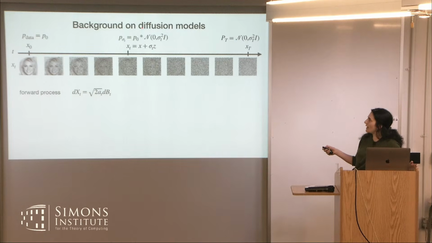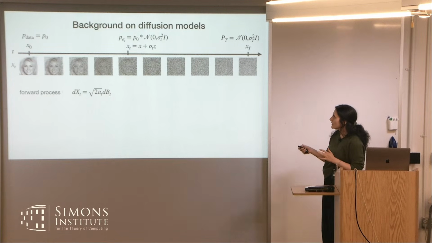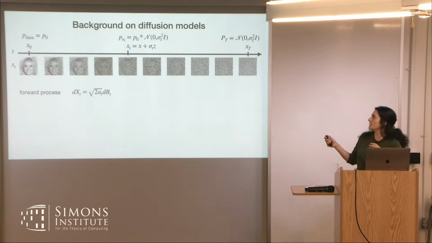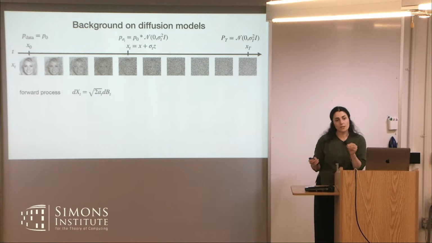Now I can add Gaussian noise with a standard deviation of sigma to these images. Because I'm adding two independent random variables, their densities convolve. So the density of noisy images, p sigma, is just a blurred version of p naught, and the amount of blur depends on the standard deviation of the noise that I've added.